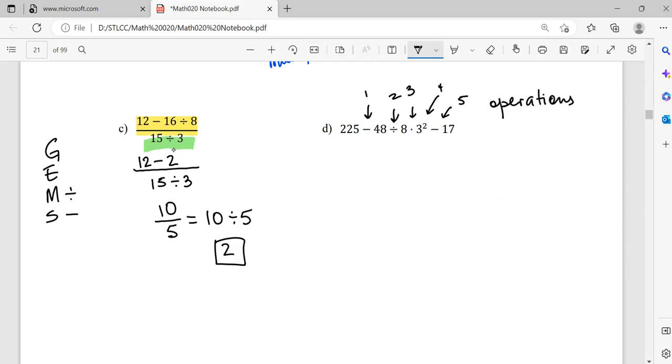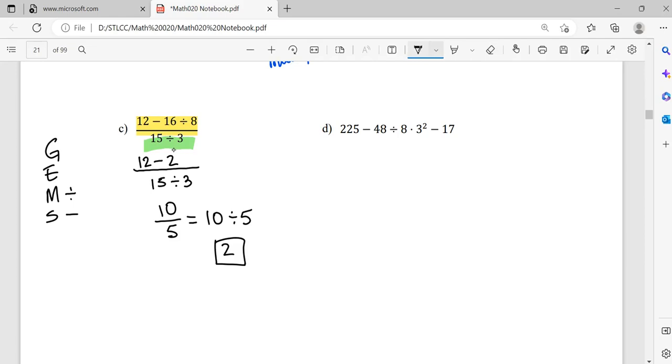So we have a lot of choices to make. So we have subtraction, division, multiplication, we have an exponent, and we have another subtraction. So 5 operations.